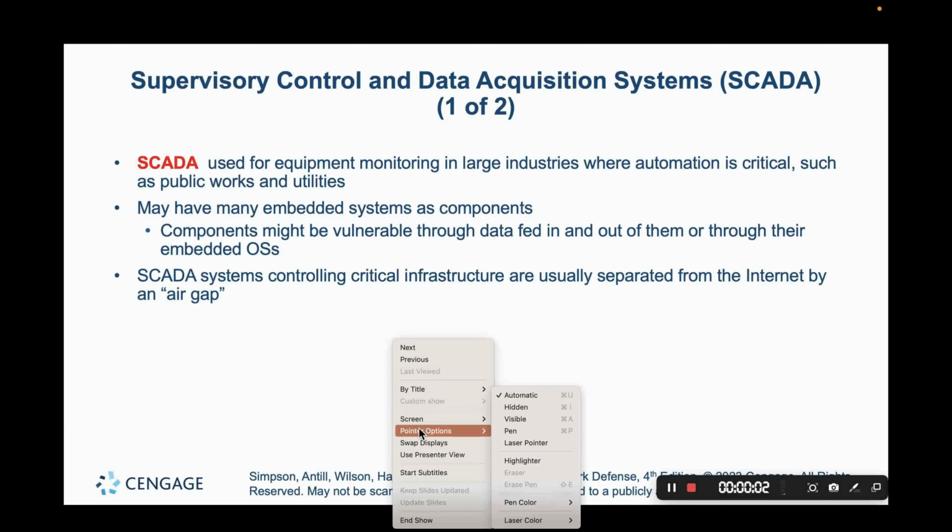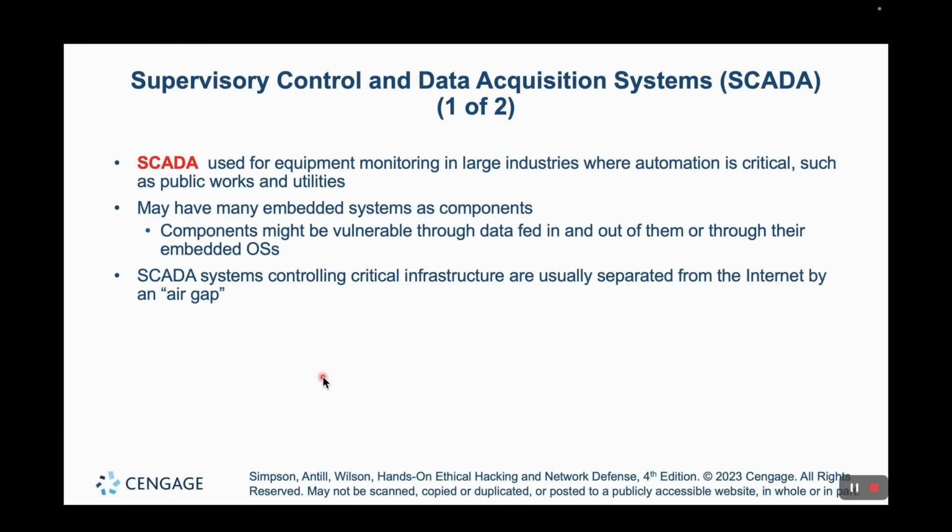Okay, so let's talk about a very important topic called supervisory control and data acquisition systems, SCADA. Now, SCADA systems are complex industrial control systems that are used to monitor and control geographically distributed assets of different types.